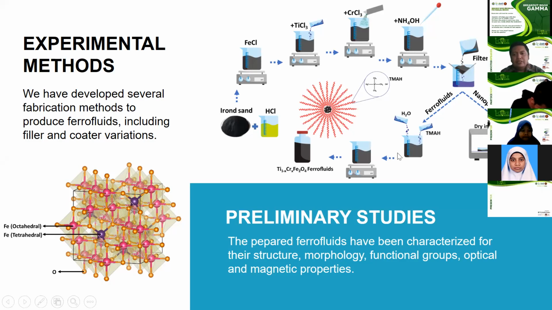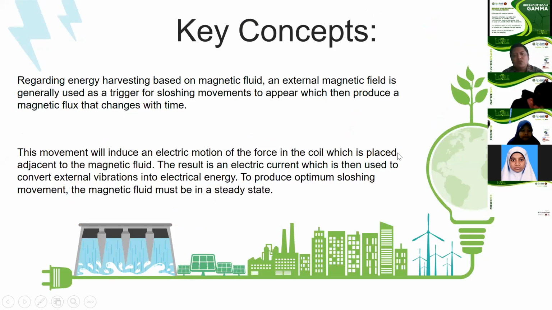Okay, the next one is the key concept of why we use magnetic fluid or ferrofluid for energy harvesting. In our ferrofluid-based energy harvesting, we use an external magnetic field, and a small magnetic field is enough here. For what?